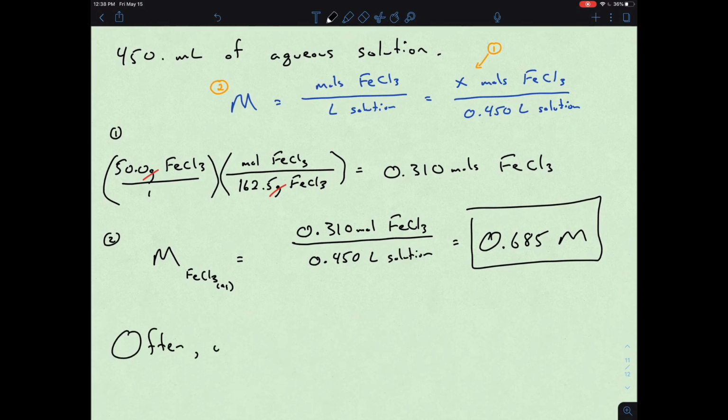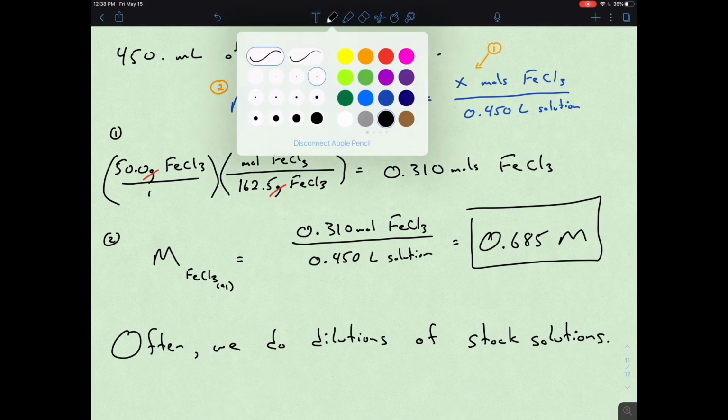Often we do dilutions of what we call stock solutions, and we've already talked about stock solutions earlier.